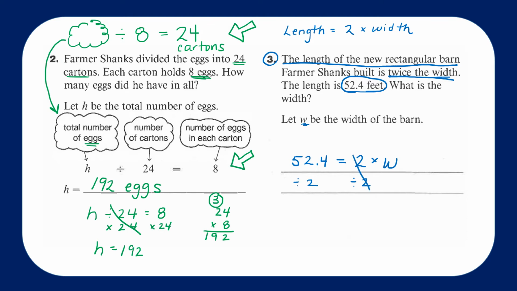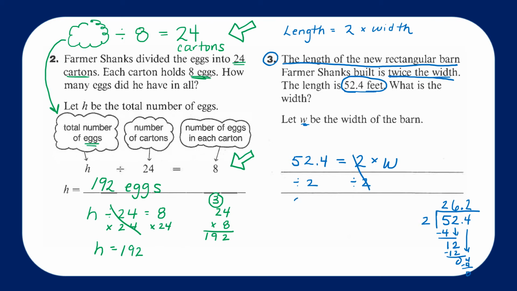Cancel each other out. So on the side, I'm going to do 52.4 divided by 2. 2 goes into 5 twice, which is 4. Subtract 1, bring down the 2. 6, 12, 0, bring down the 4. Bring up the decimal point, 2, 4, 0.